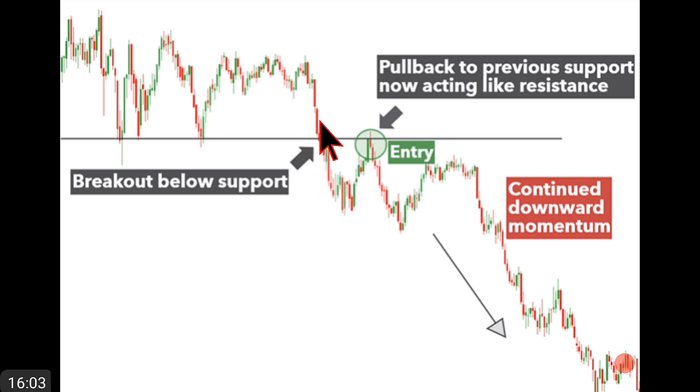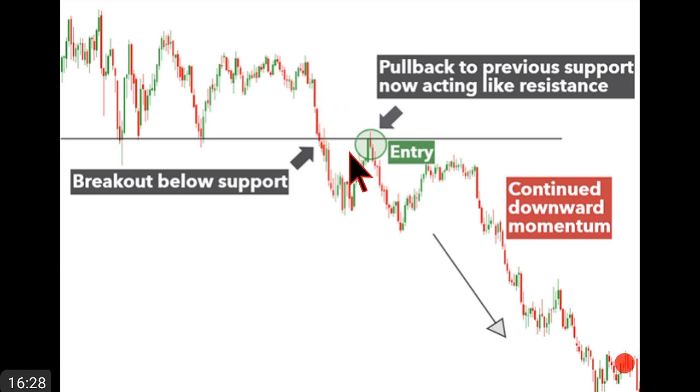So when price breaks through the support, it's telling you a trend is about to begin. Once it breaks here, you can see when price tried to retest this place, it got rejected. So once it breaks through here and here begins to act as a resistance, then you know that price is going down. So this is your entry point.